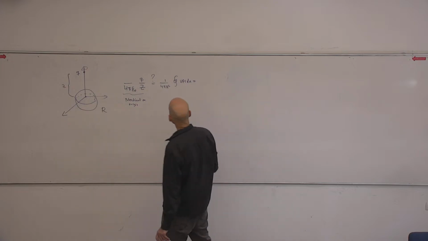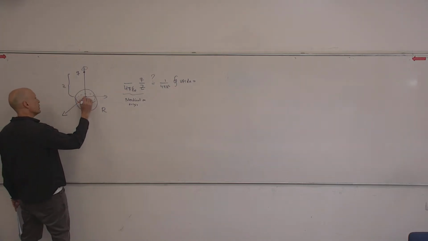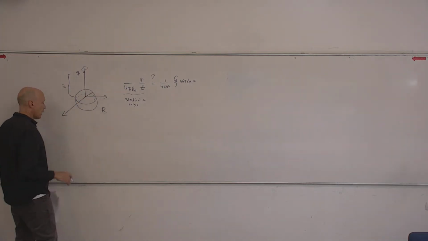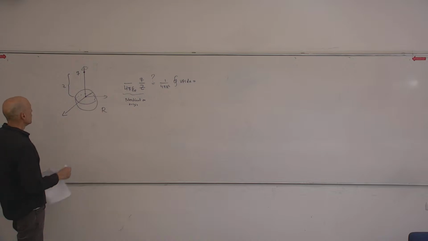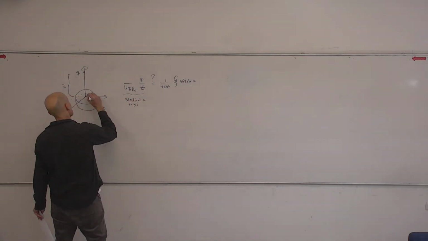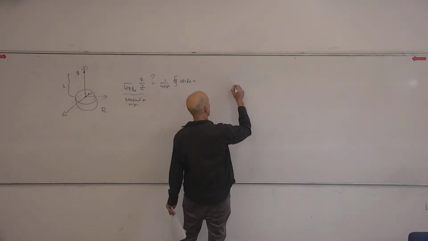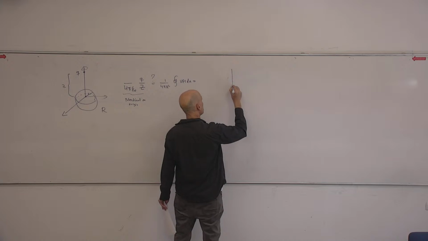So to do that, we need to integrate over the surface, so we need to change variables here. I'll define this R as usual. As usual, I define a point on the sphere.